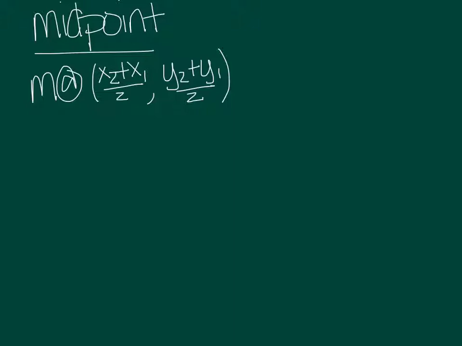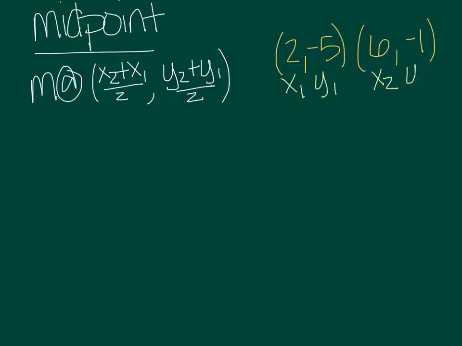So let's say that we were dealing with a segment that had an endpoint of 2, -5 and the other endpoint of 6, -1. And we wanted to find the midpoint of this segment. So we would take our first point and label it as x1, y1, our second point as x2, y2.